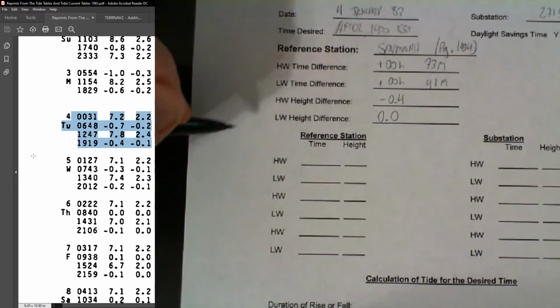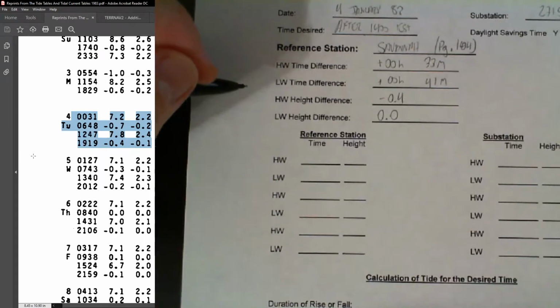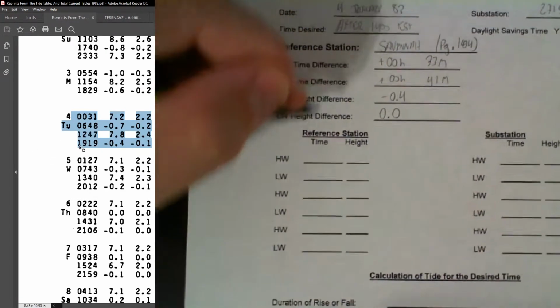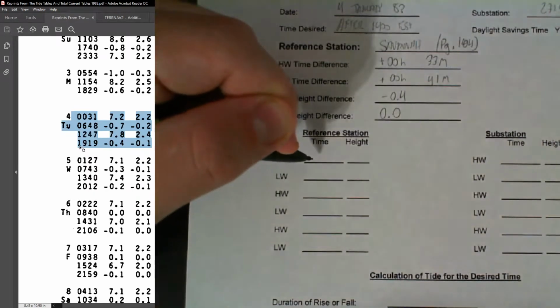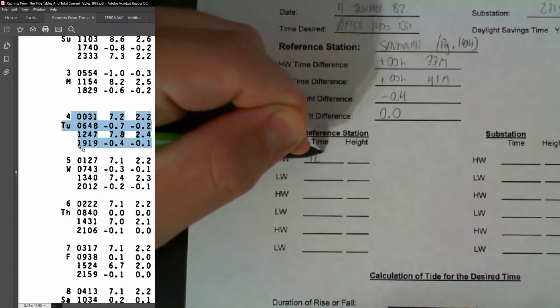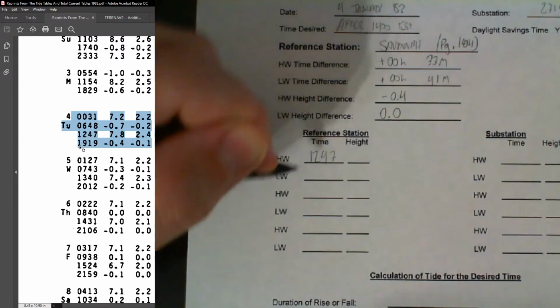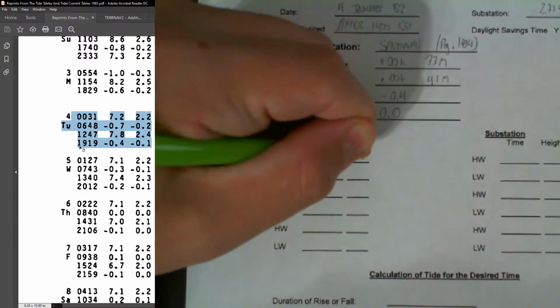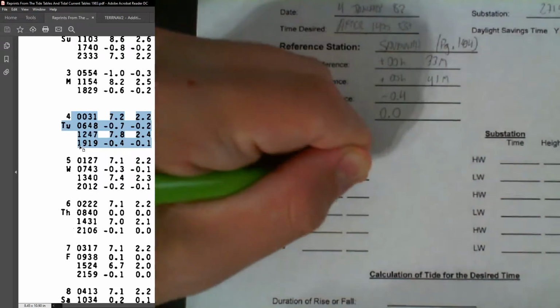So after 1400, we're looking at 12:47 and 19:19. Since we're not accounting for daylight savings time, they're just how they appear, with heights 7.8 and negative 0.4.